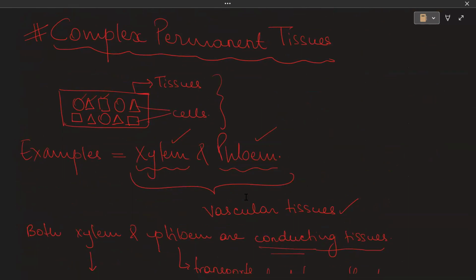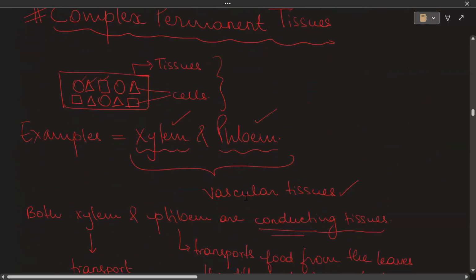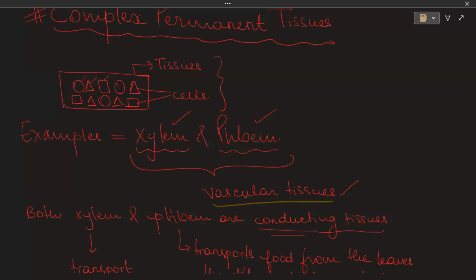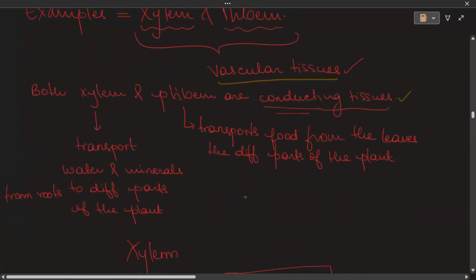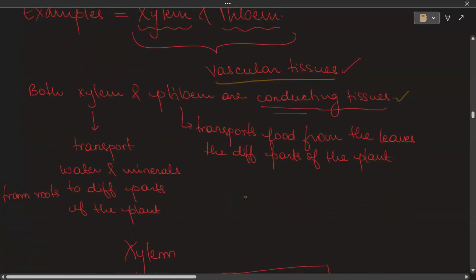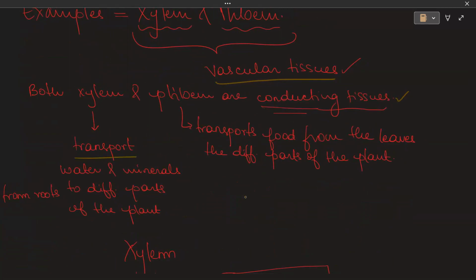The best two examples of complex permanent tissues are xylem and phloem. Both of them together are known as vascular tissues or conducting tissues. Why? Because they conduct stuff. Let us see how. The xylem is responsible for the transportation or conduction of water and minerals from the roots to the different parts of the plant.